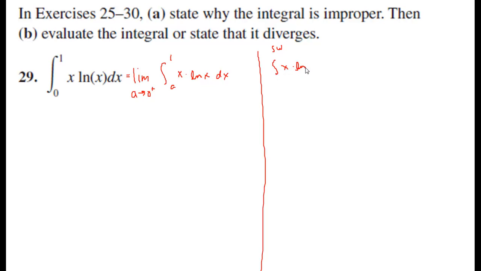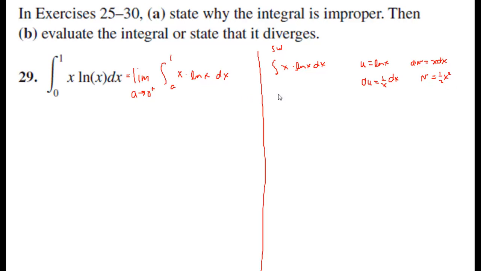x natural log x dx, is one of our integration by parts, where u is equal to natural log x, where dv is equal to x dx, where du ends up being 1 over x dx, and v equals 1/2 x squared.